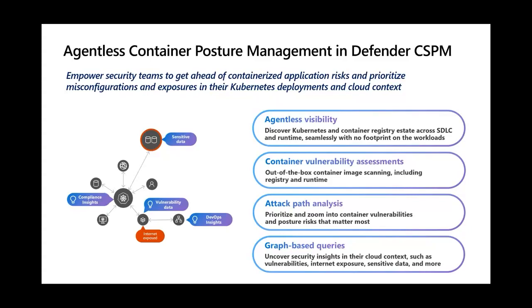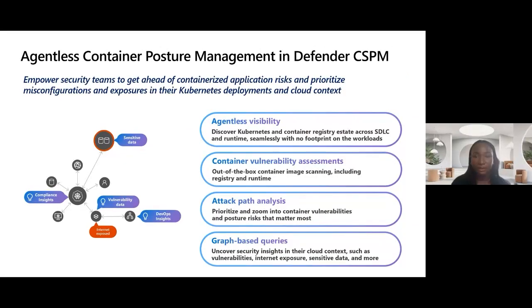The first one being agentless discovery of Kubernetes, and the second one being the container vulnerability assessment scanning. And then I will go into detail about how we incorporate the information leveraged from those 2 extensions into the attack path analysis and the Cloud Security Explorer.